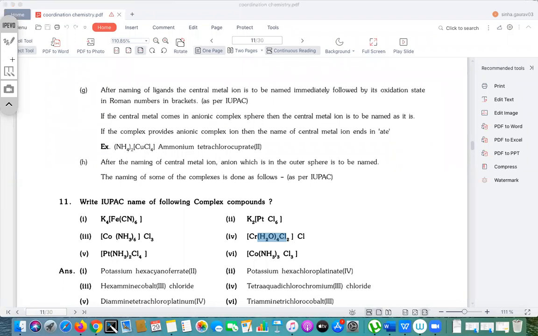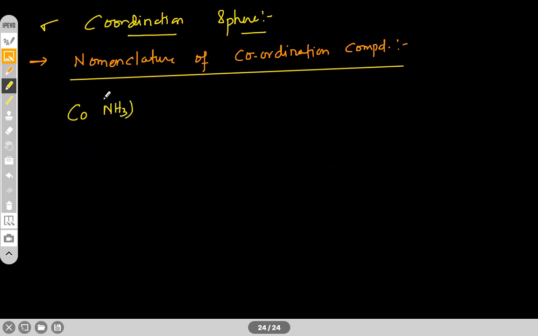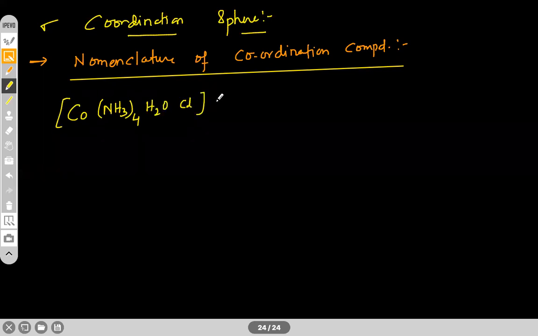Don't worry. Now suppose the compound is this, which you have to name. The compound is this one: [Co(NH3)4(H2O)Cl]Cl. This is the first one.